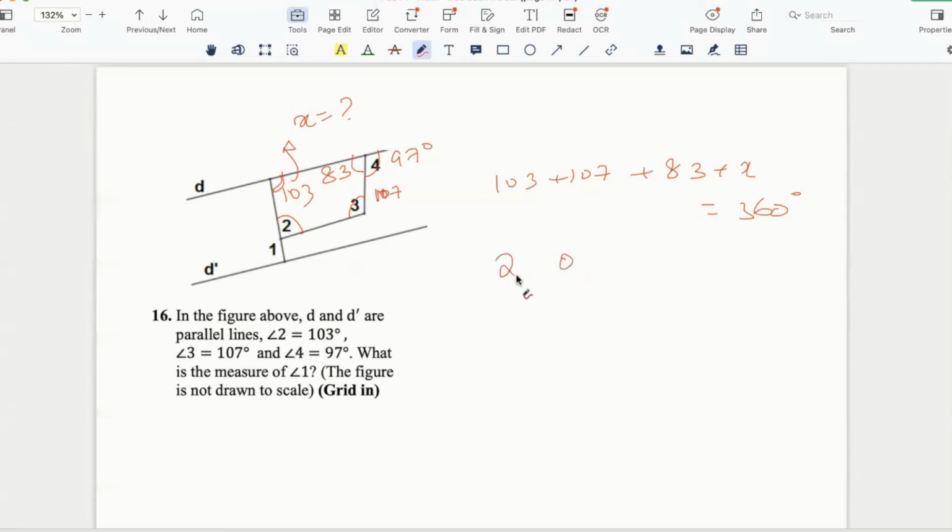Carry 1. 210 plus 83 plus x is 360. So 293 plus x is 360. So x will be 67, right? And so this is 67, and because this is parallel to this, 1 will also be 67.